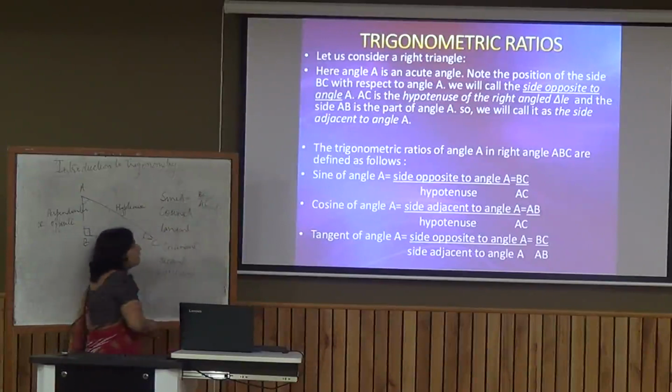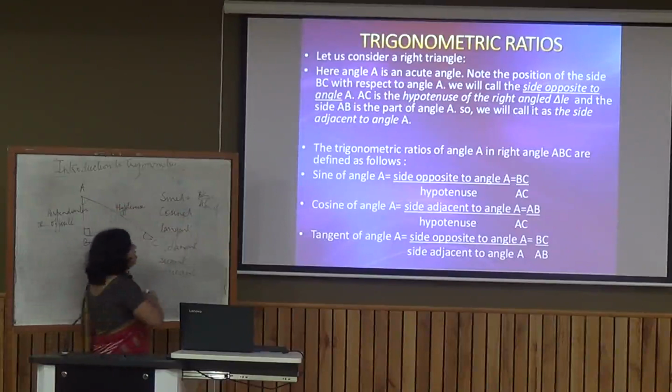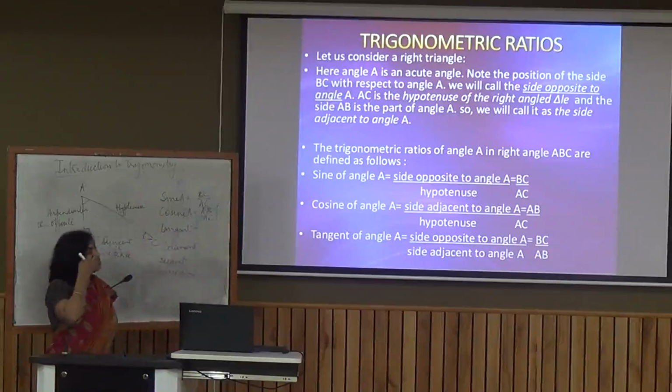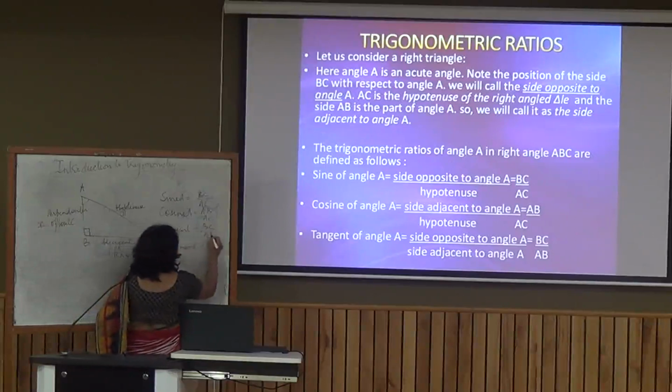Cosine of angle A is the side adjacent to angle A, which is side AB, and hypotenuse is AC. So it becomes AB upon AC. Tangent is the side opposite to angle A and the side adjacent to angle A, which says BC upon AB.